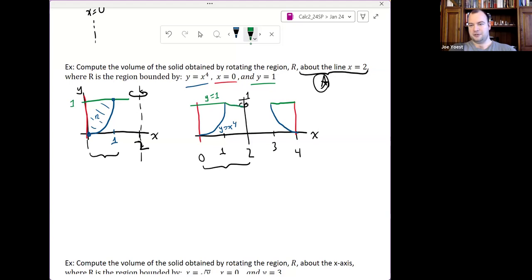And I have this inner top radius, an outer top radius, and a bottom radius as well.